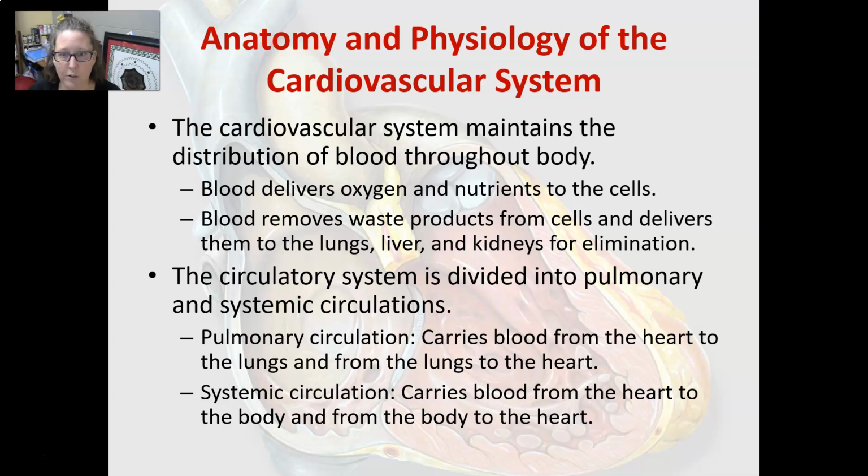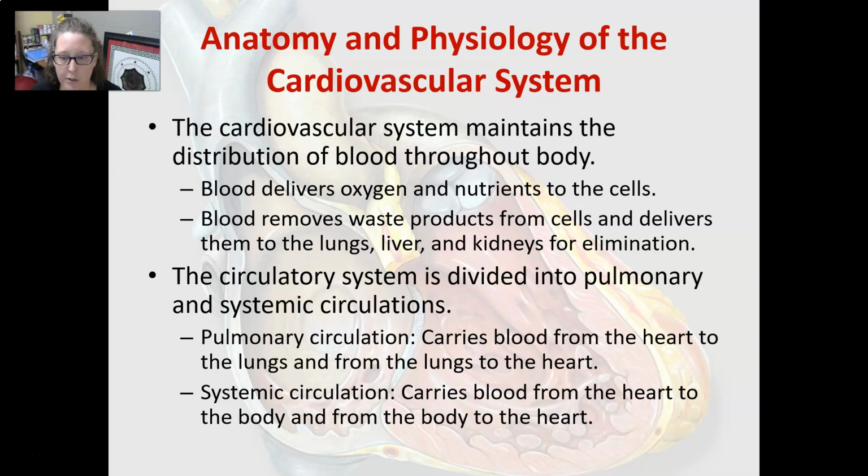And then it removes all the metabolic waste products from the cell and delivers them to the lungs for CO2, liver, and kidneys for elimination through urine and poop for liver. Sorry.